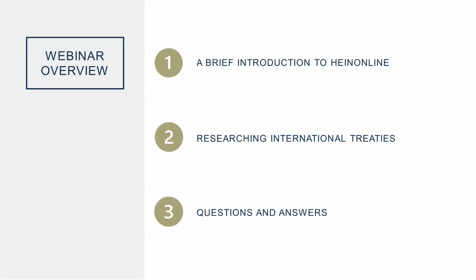So we have several different subscription packages. You may be a subscriber to HeinOnline already and have one of our subscription packages. You may be on trial to HeinOnline for a specific package. And then we have a lot of a la carte or optional add-ons. So the International Treaty Database, the World Treaty Library that we're going to focus on today, is available in the HeinOnline International Core package.